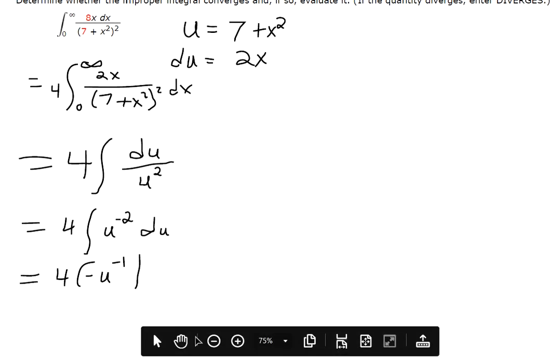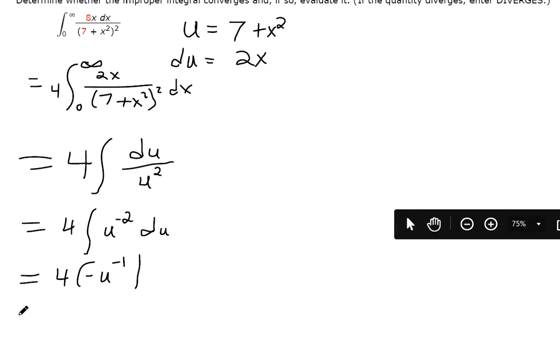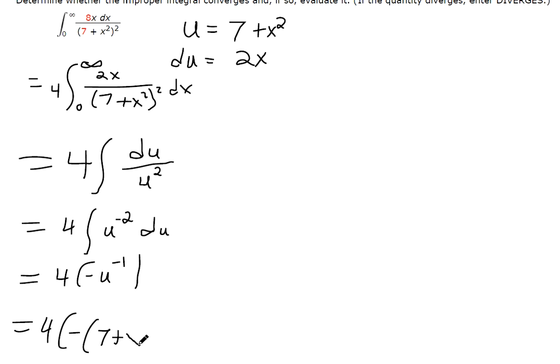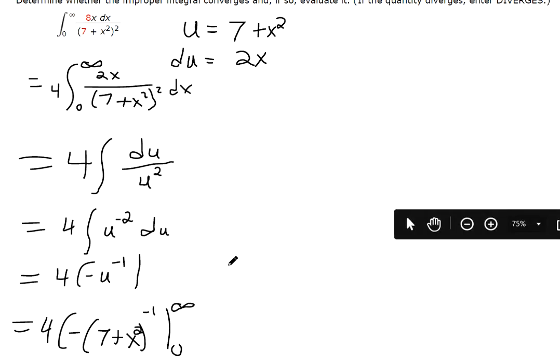Okay, so now that we have an antiderivative, now we can put it back in terms of x and then evaluate the limits of integration. So there's 7 plus x squared, that's all to the negative first power, or you could write 1 over 7 plus x squared. And then we evaluate that between 0 and infinity for the limits of integration.